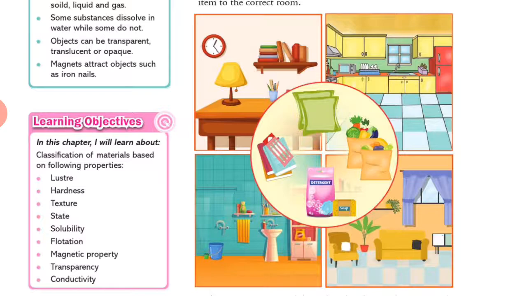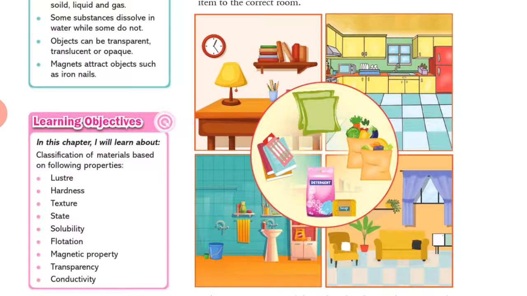Then you need to place all the items on the basis of their uses, their applications. You can see a pillow, detergent or soap, books, as well as some fruits or vegetables.